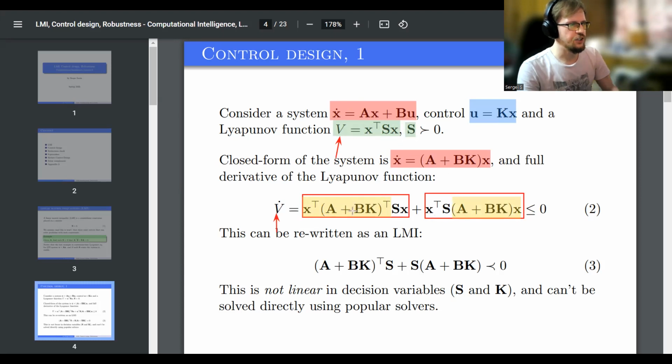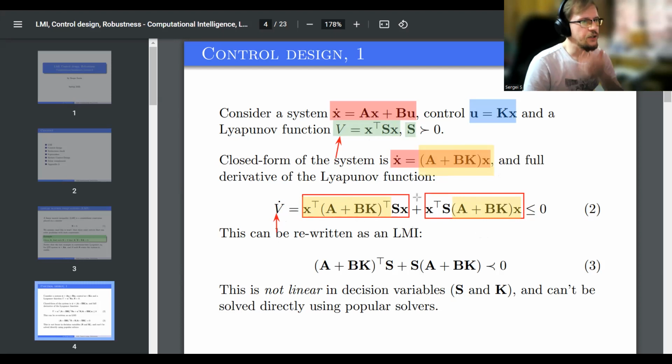So this is just x dot transposed. This is just V dot. Again, how is V dot defined? Just differentiate each part. We can think of it as x transposed times S x. S is a constant, so S doesn't have a derivative. So x dot transposed times S x plus x transposed times S x dot.